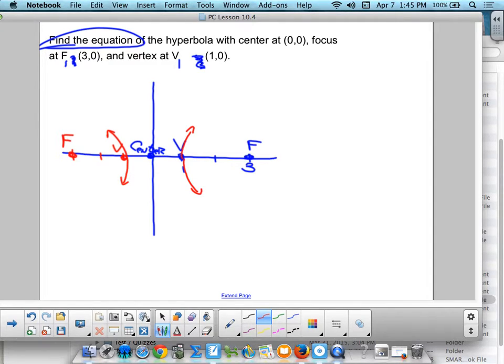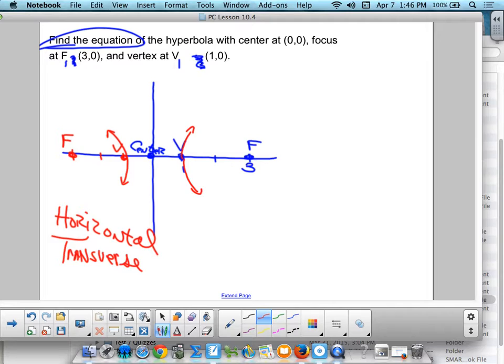I kind of know it goes like this. Here's my question to you right now. Tell me the transverse. Which way does the transverse go? It's what? Horizontal. All right, it's horizontal. Which would tell me it's going to be x squared first or y squared? Horizontal. X squared. It is x squared.